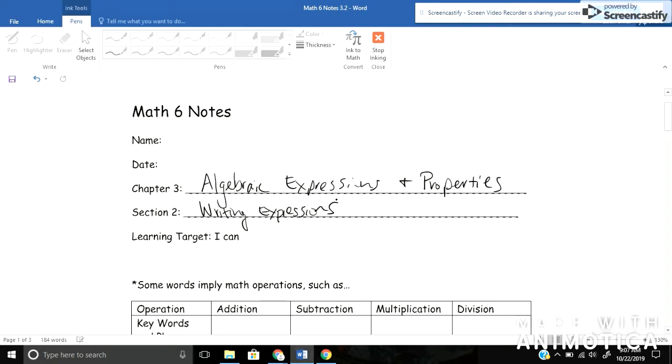All right, for our learning target, we've got: I can use variables to represent numbers in algebraic expressions.